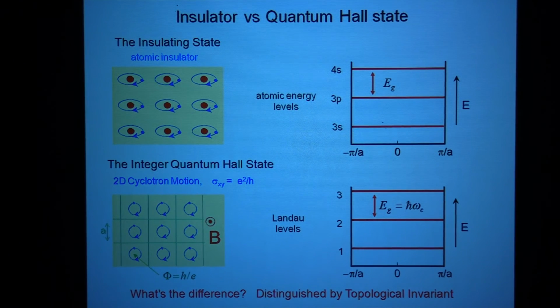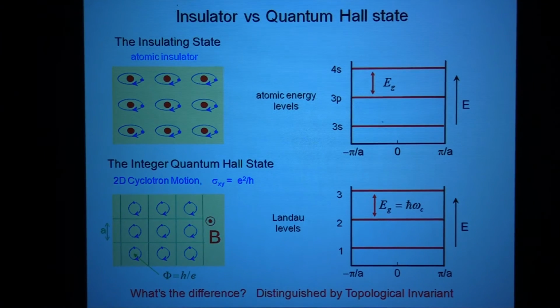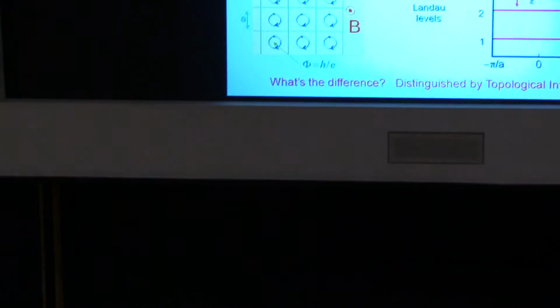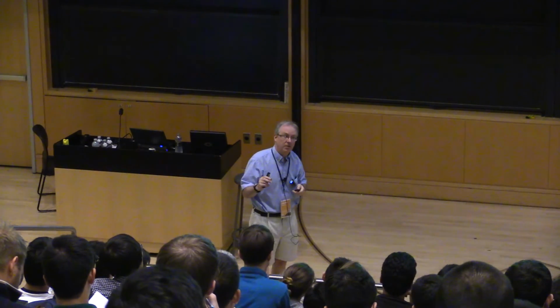The only constraint is that I want it to enclose a unit of magnetic flux. If I do it that way, then the commutator between the translations in one direction and the other direction will be zero if it encloses a quantum of magnetic flux.